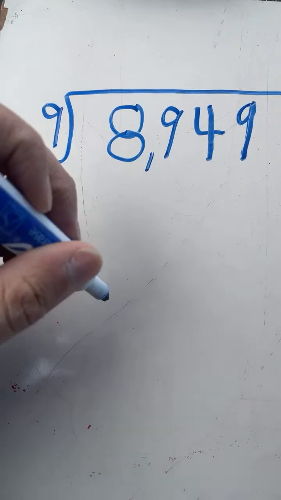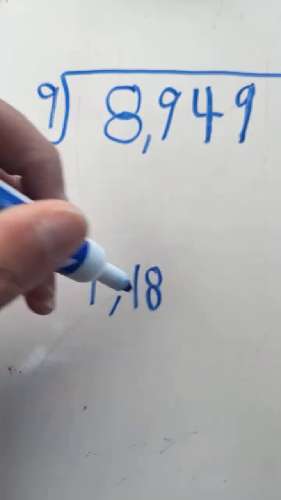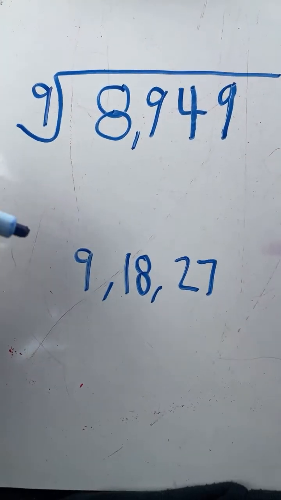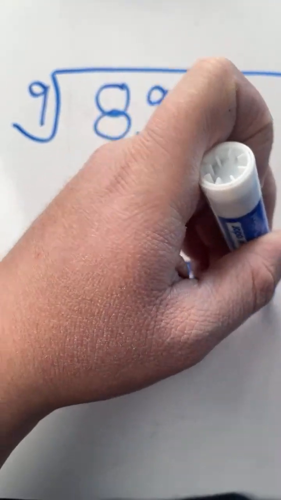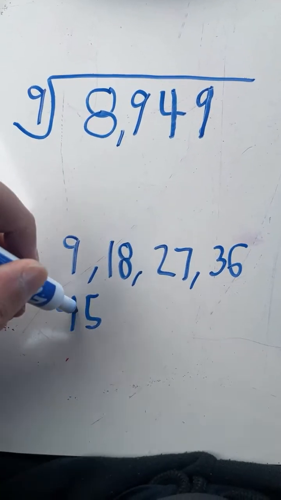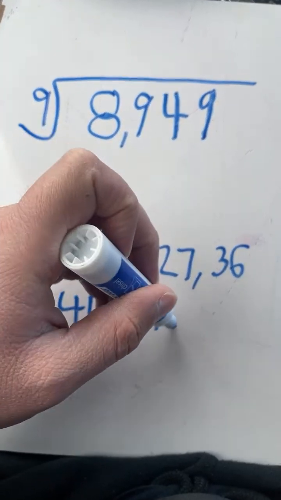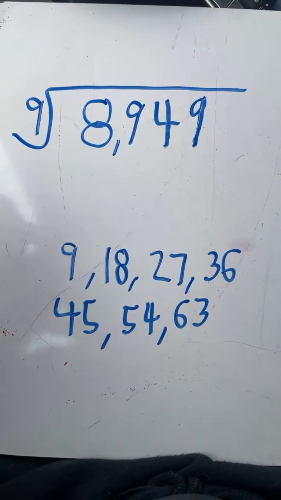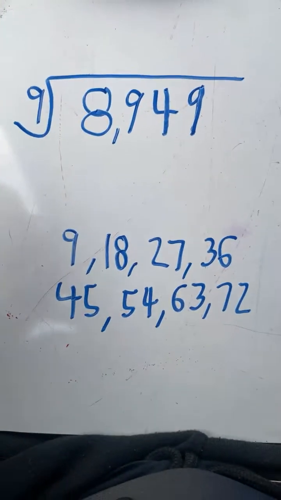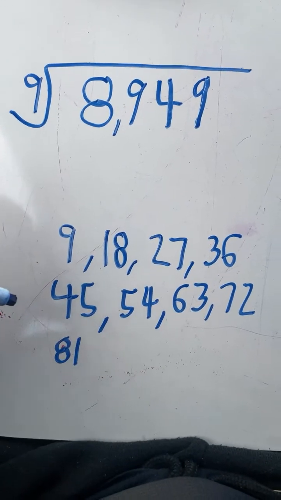So I'm going to count by 9s here. 9, that is one group of 9. 18, two groups of 9. 27, three groups of 9. 36, four groups of 9. 45, five groups of 9. 54, six groups of 9. 63, seven groups of 9. 72, eight groups of 9. 81, nine groups of 9.